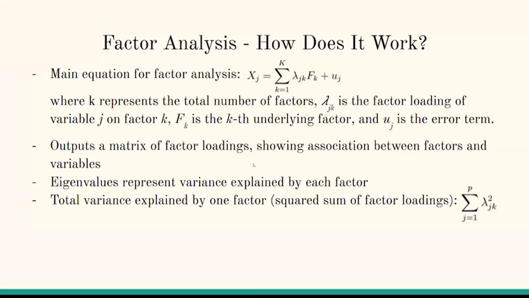The eigenvalues represent the variance that is explained by each factor, which gives you the opportunity to choose the number of factors. The total variance explained by one factor is the sum of the squared factor loadings, which is represented by this term, the squared loading of j on k.